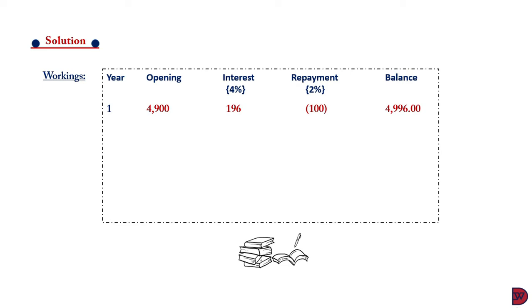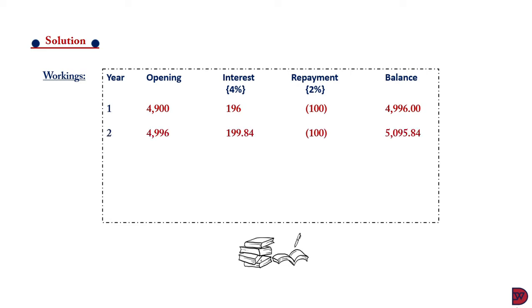When we come to the repayment, which is the coupon rate, that is what the entity actually pays. This is charged on the original amount, which is the 5 million, giving $100,000 here. The resulting figure is $4,996,000. This is the figure that is captured in the statement of financial position for year 1.